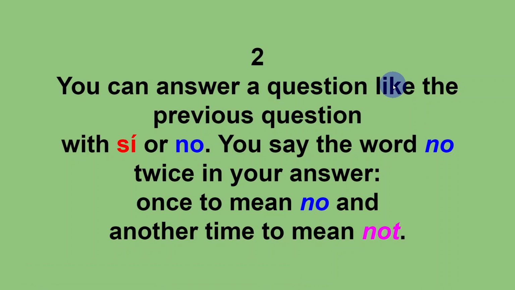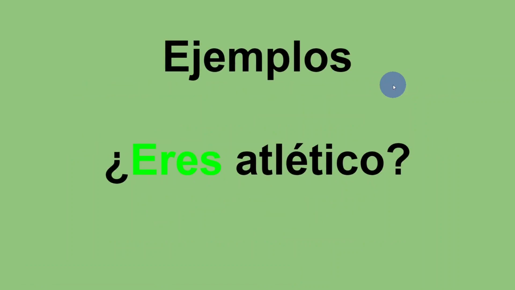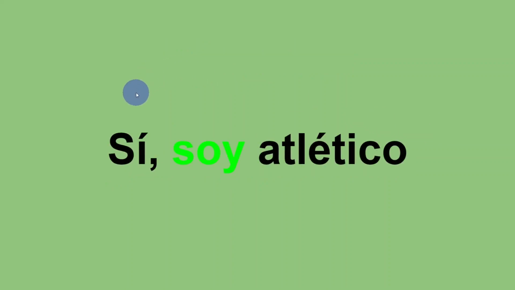Ejemplos coming up. Come on. There you go. Ejemplos. ¿Eres atlético? This is a question. Are you athletic? ¿Eres atlético? And how will you answer? Sí, soy atlético. Yes, I am athletic.